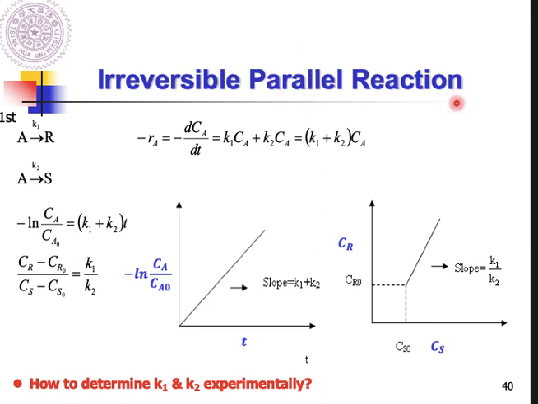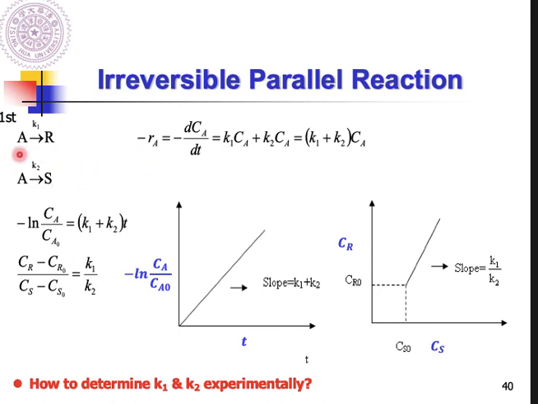So it's a parallel reaction and it's irreversible. We assume reactant A can generate product R with rate constant K1, and reactant A also can generate product S in reaction 2, and all these reactions are first order elementary reactions. So how do we design an experiment to measure the rate constants K1 and K2, and further reconstruct the rate equation for each reaction?